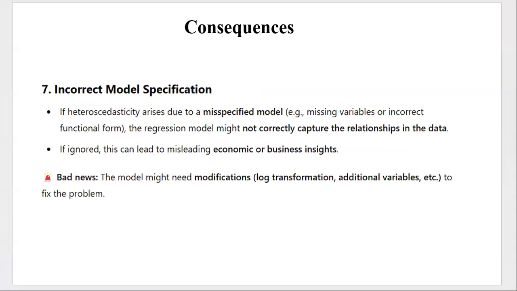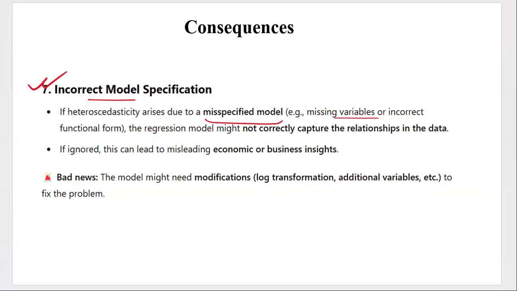And there is the seventh consequence, which is incorrect model specification. It says that heteroscedasticity may arise due to misspecification of the model. Misspecification is a separate chapter in econometrics that I'll cover in detail in the future. So as of now, understand that if your model is not correctly specified in the initial place, then what will happen?